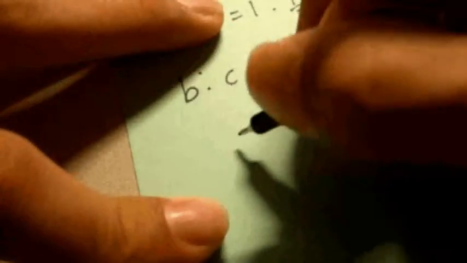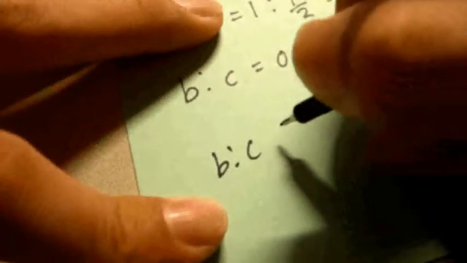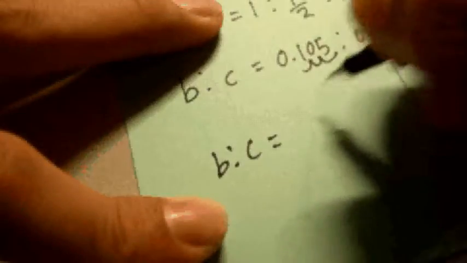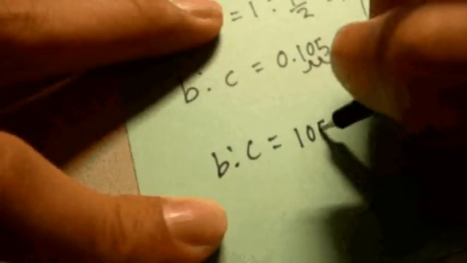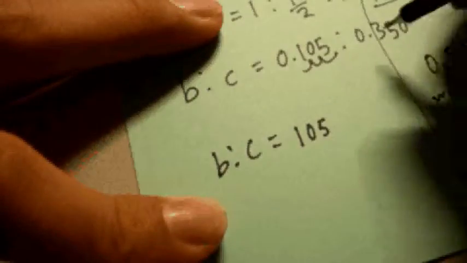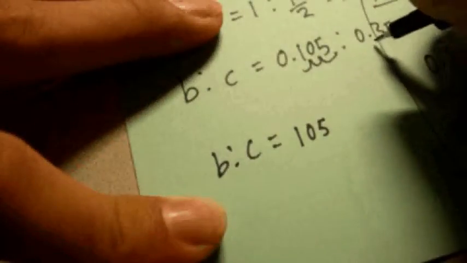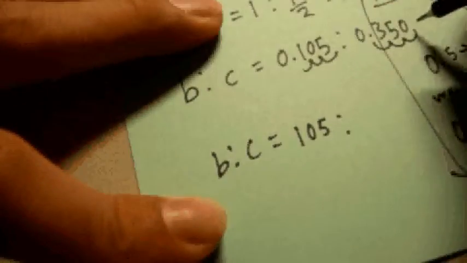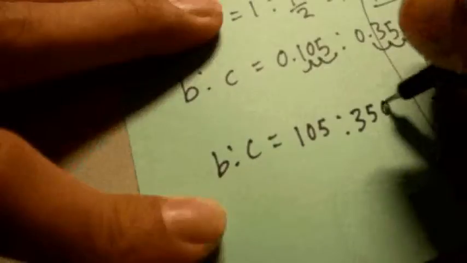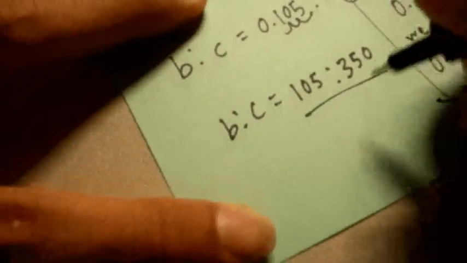So B is to C will be 105, and for C we times the same, so it's 350. There we go, but it's not simplified, they still have the same factors.